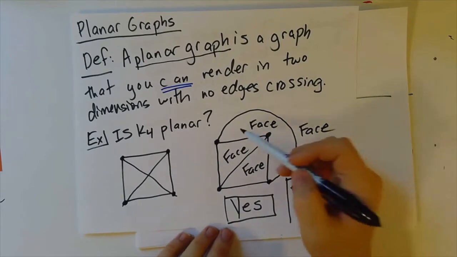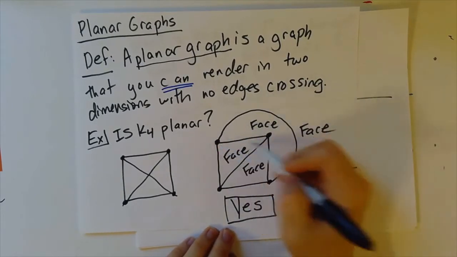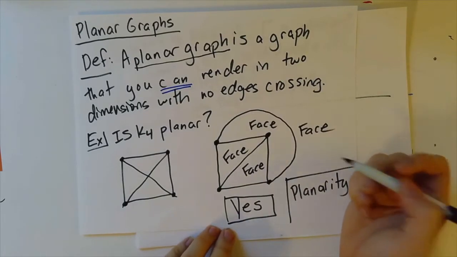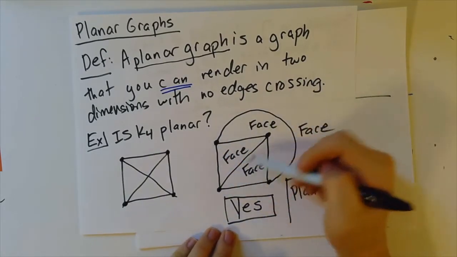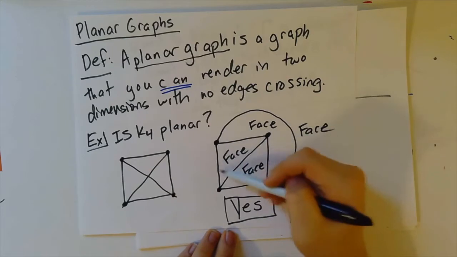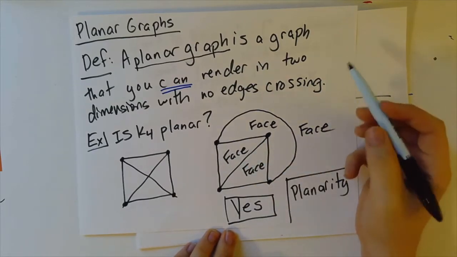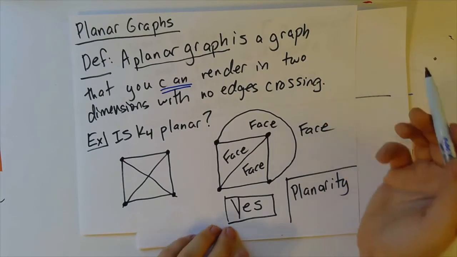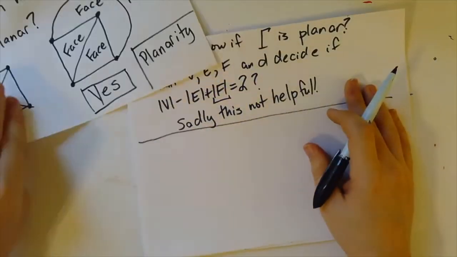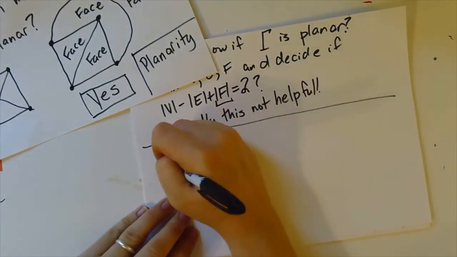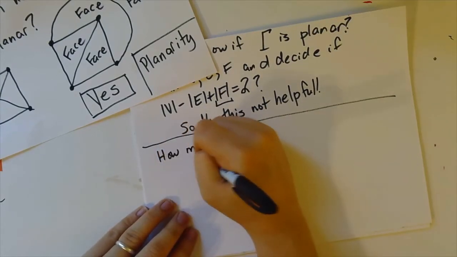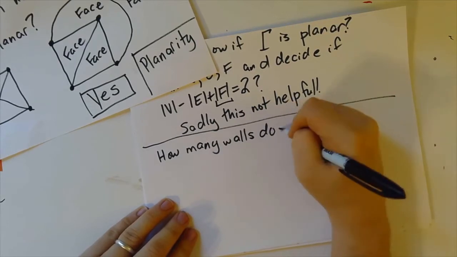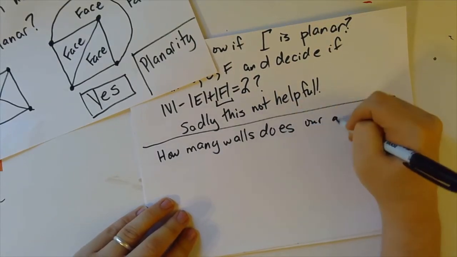Well, this room itself has 3 walls. That one, and this long one. And on the other hand, this room has 3 walls as well. And in fact, the outside face also has 3 walls. Okay, and so I'm going to take this idea: how many walls does our graph house have?